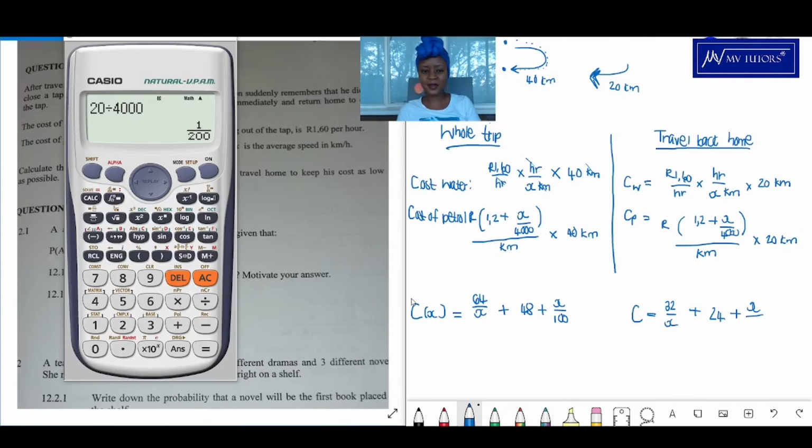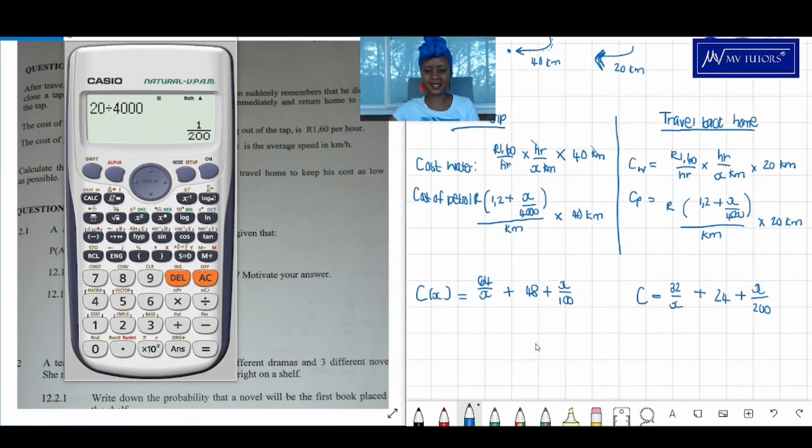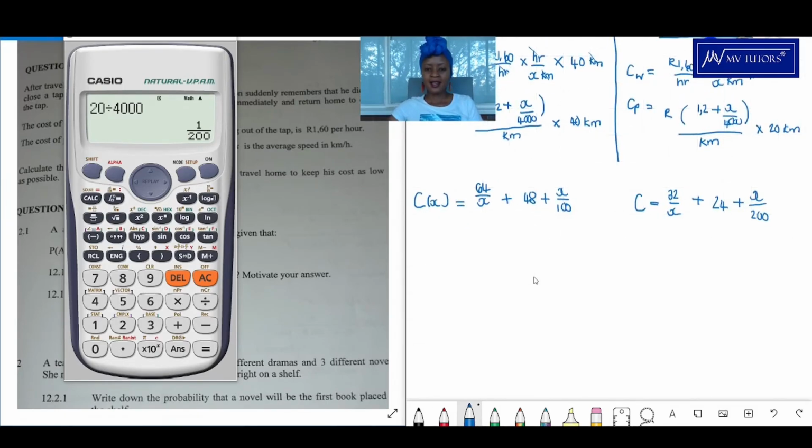Okay, so that is going to be x over 200. Okay, let's see where this takes us. All right, let me rewrite it like this. I have 64 x to the power negative 1, plus 48, plus 1 over 100 x.